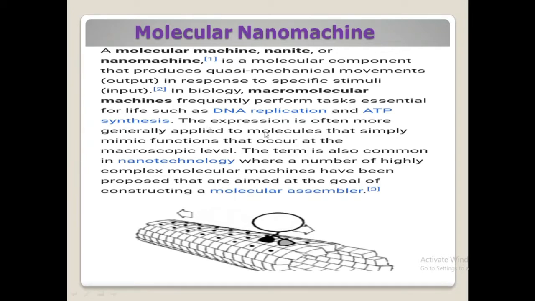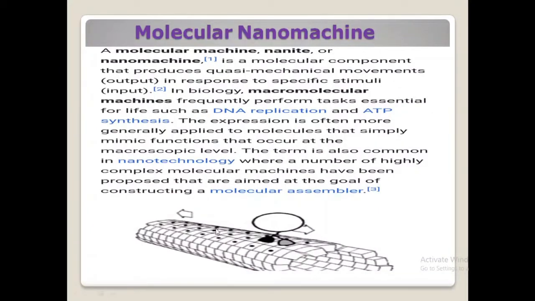The expression is often more generally applied to molecules that simply mimic functions that occur at the macroscopic level. The term is also common in nanotechnology, where a number of highly complex molecular machines have been proposed that are aimed at the goal of constructing a molecular assembler.